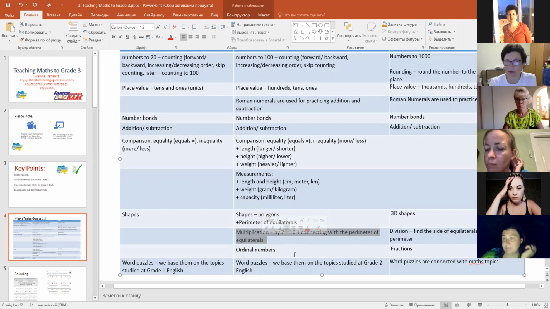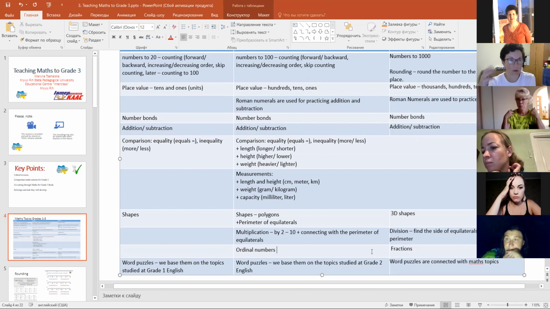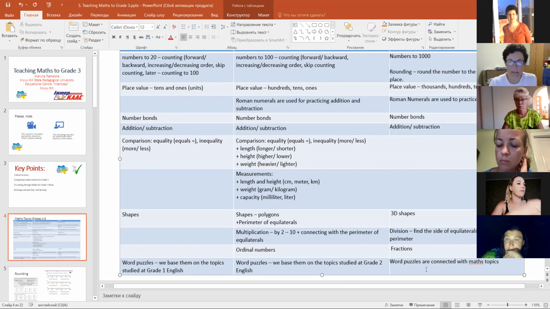And remember, we even talked about it, that in the 3rd grade, we can do more division, because now they are ready for division. Ordinal numbers will turn into fractions, like 1 second, or 1/2, 1/3, 1/4, and so on. And a couple of words I'll tell about the word puzzles.